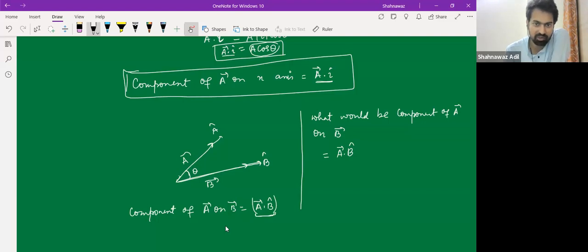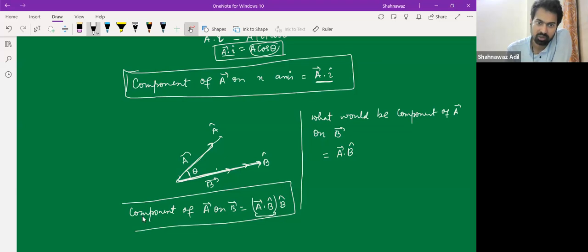This is on the B vector, so the direction is B cap. So is this part clear, guys? So the component of A on B would be A dot B hat, times B hat. Understood?